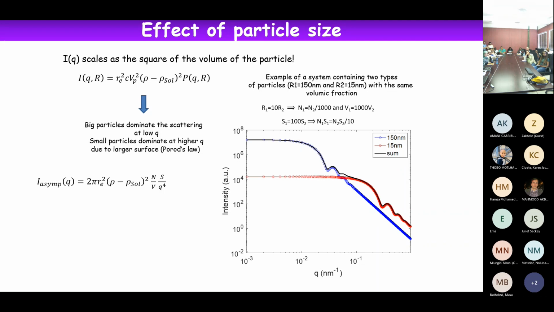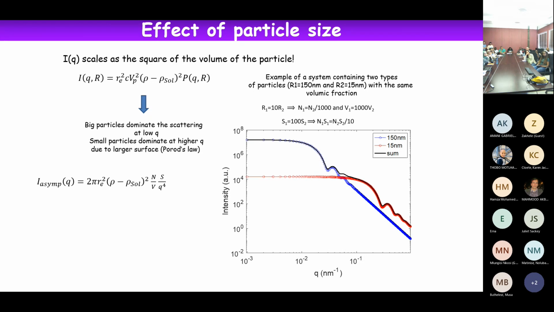For the 15 nanometer, the scattering curve is like this. For the 150 nanometer, it's the blue one. You can see immediately that at very small q, the big particles dominate the scattering. But at very large q, the scattering is dominated by the small particles.